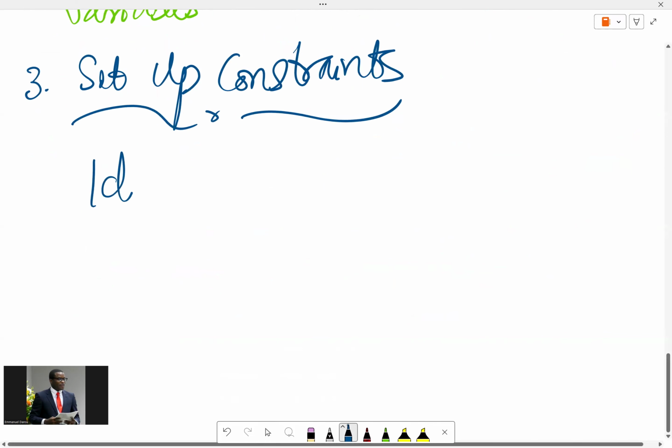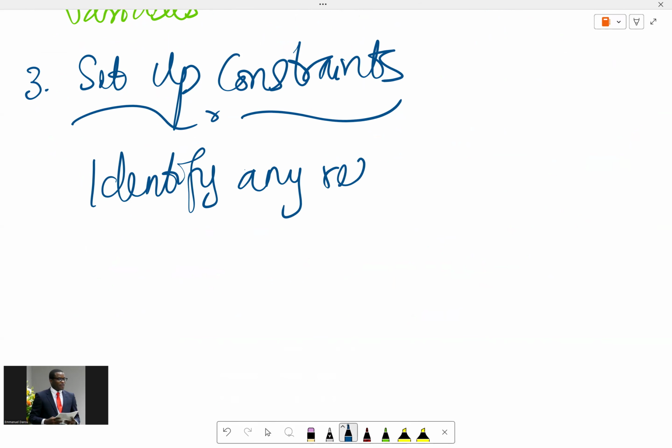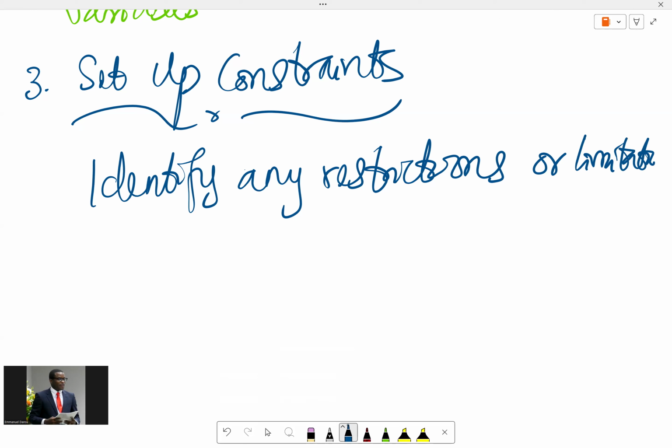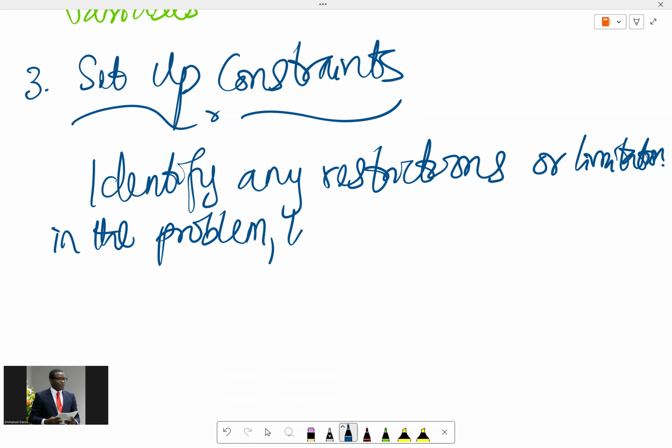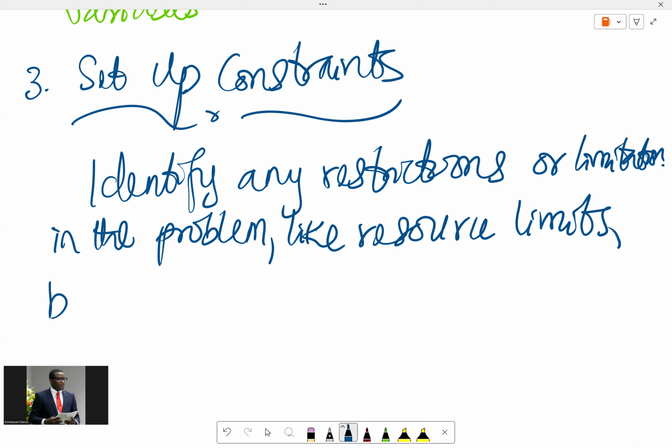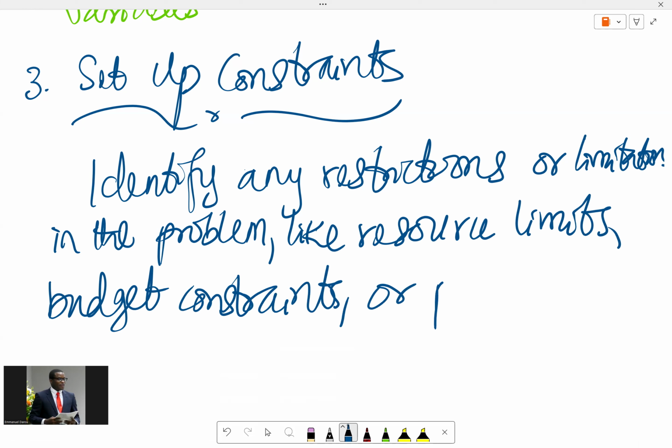With this, we mean identify any restrictions or limitations in the problem, like resource limits, budget constraints, or production capacity.